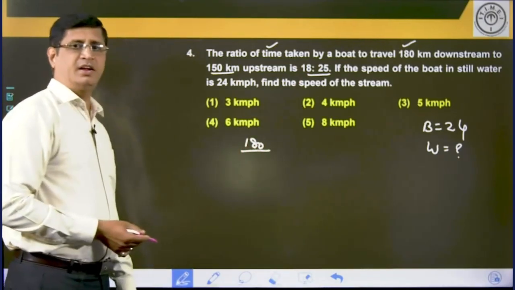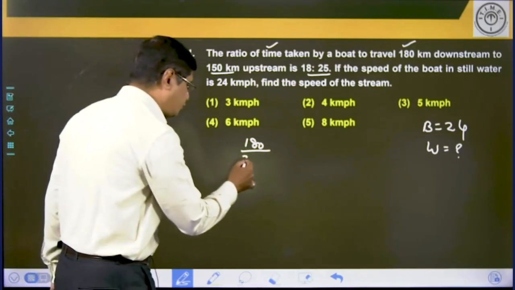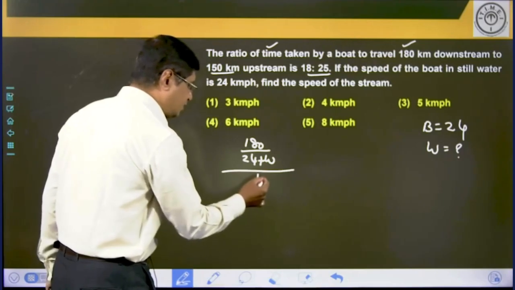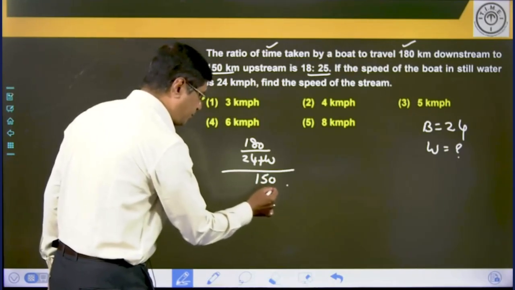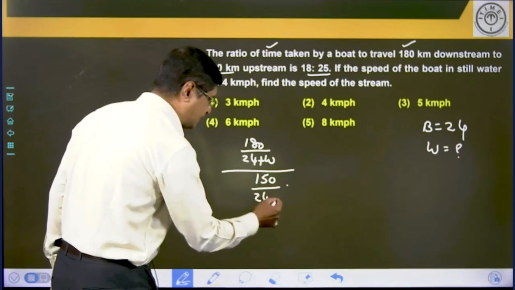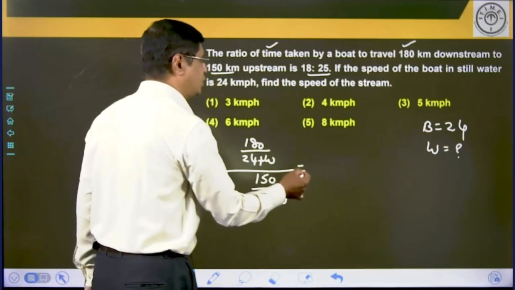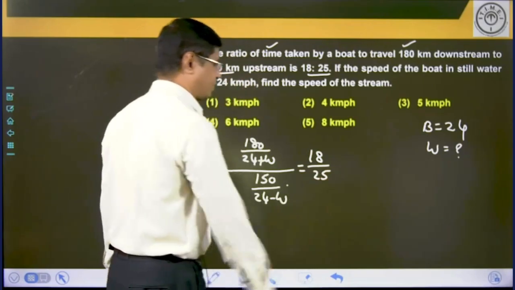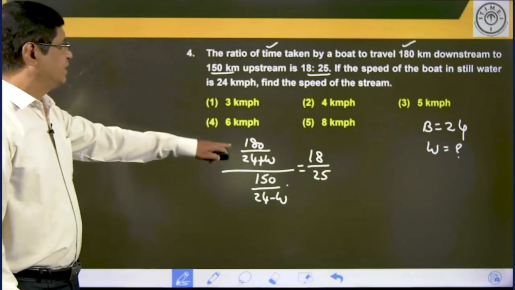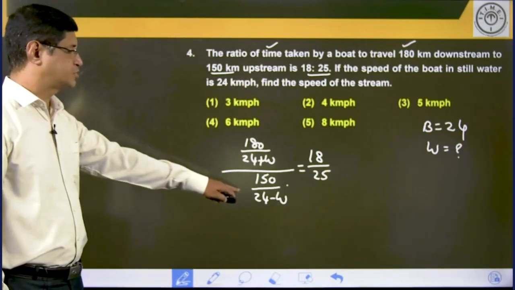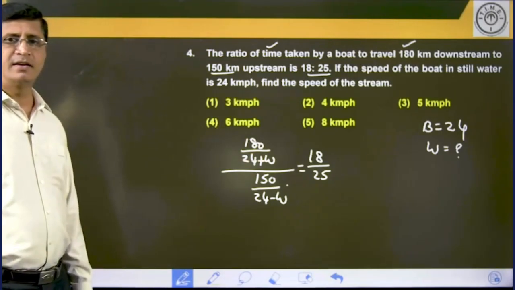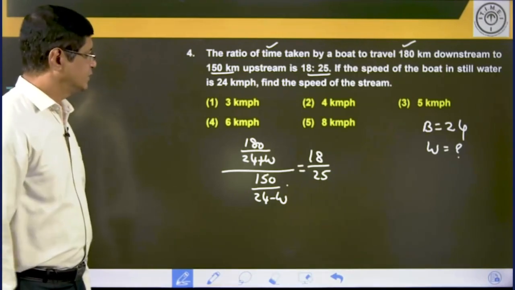What is the speed in downstream? 24 plus W. Upstream is 150 by 24 minus W, which is equal to 18 by 25. The time taken in the downstream by time taken in the upstream is equal to 18:25. Just cross multiply and solve, you will get the answer.